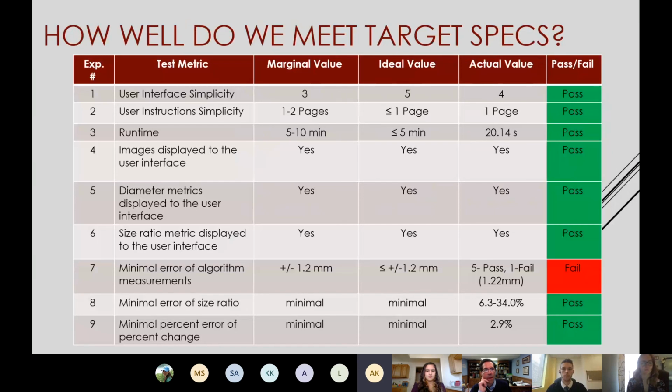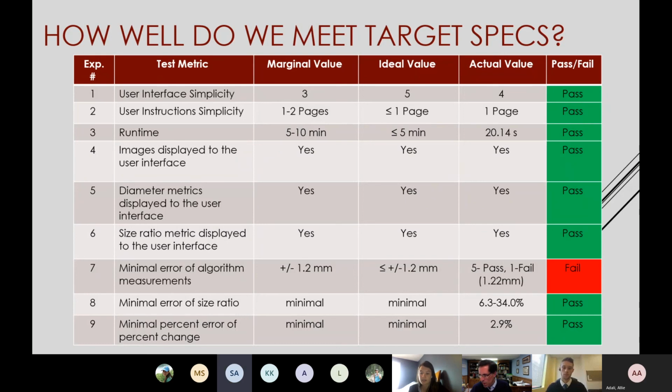We decided on plus or minus 1.2 millimeters because of the resolution of our images. Each voxel had a specific dimension, and the largest dimension of that was 0.6 millimeters. So we gave ourselves forgiveness of 1 pixel on each side of the aneurysm. That's where the 1.2 comes from.